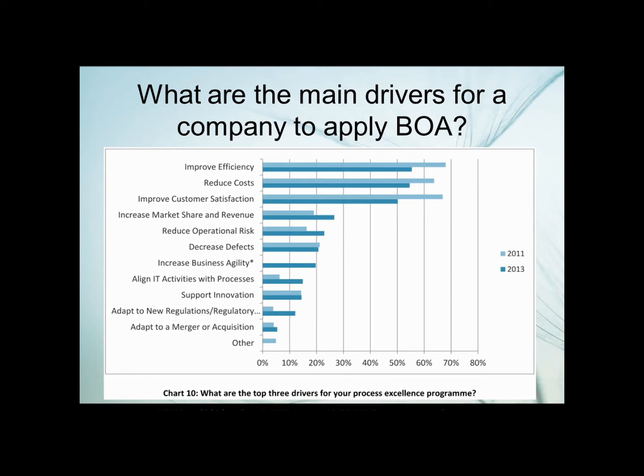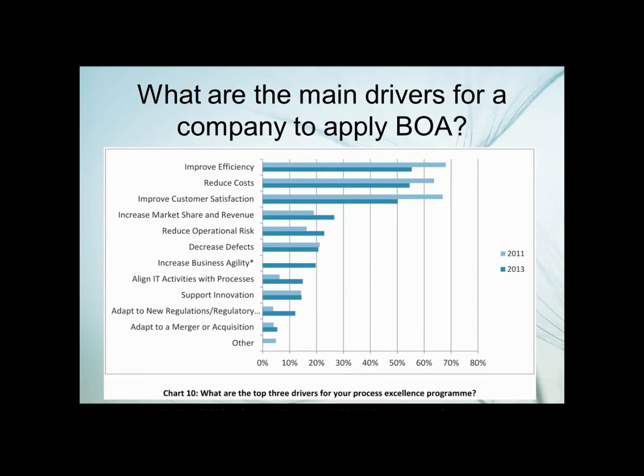The question was, what are the main three drivers for your process excellence program? As you see, the main three drivers are improve efficiency, reduce costs, and improve customer satisfaction.